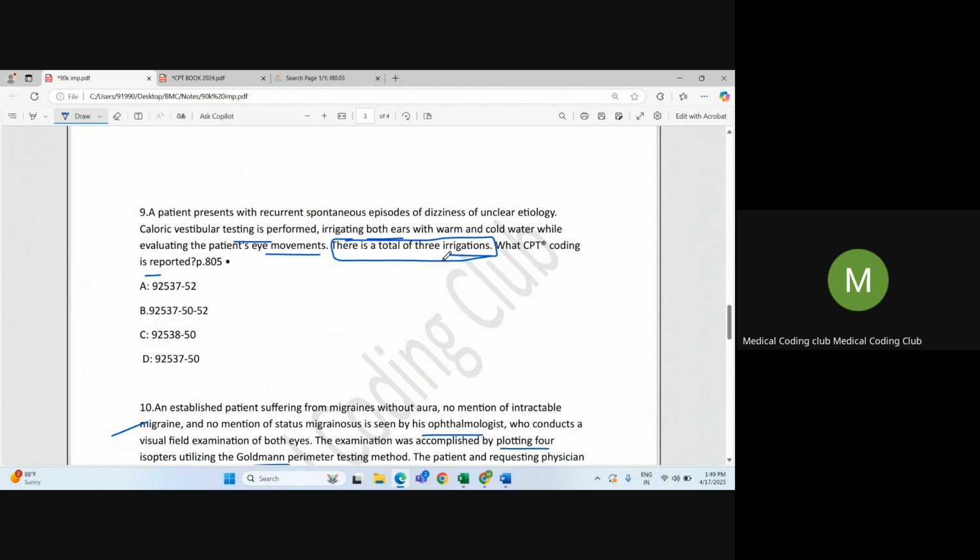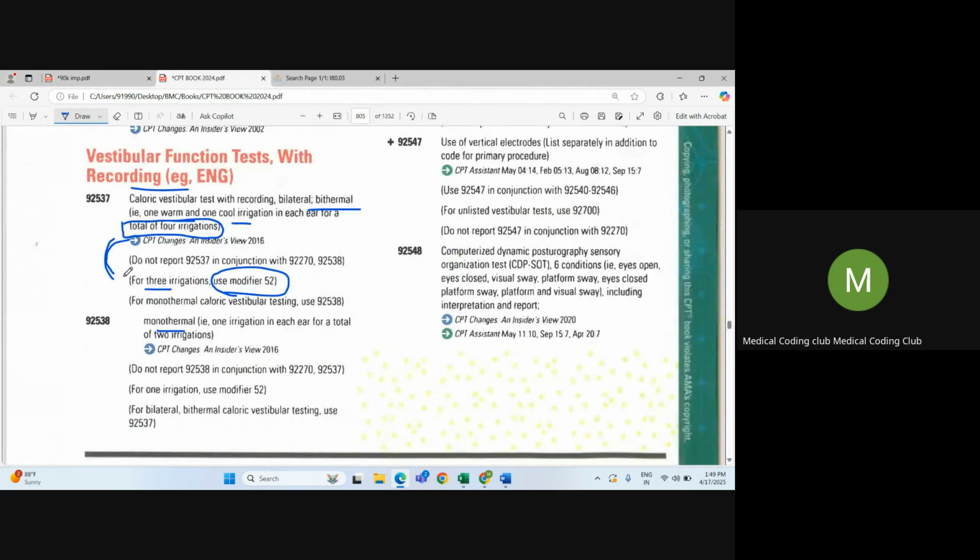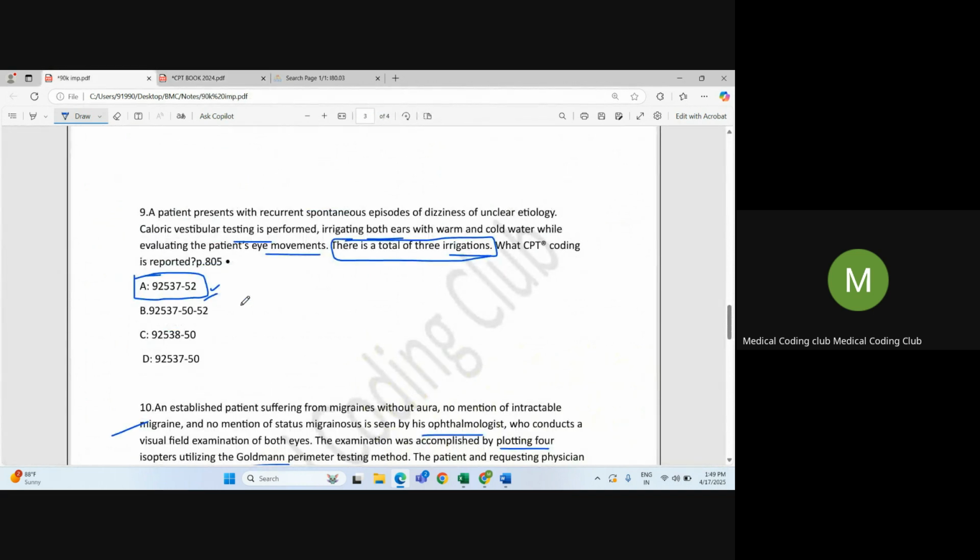Since they have said 3 irrigations were performed, we need to use the 52 modifier to tell them that the service has been reduced. We are not doing 4 irrigations, we are just doing 3. So the answer is 92537 with the 52 modifier. This is the guideline we have: if they use 3 irrigations, use modifier 52. So answer A is correct.